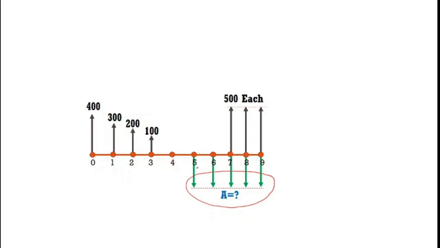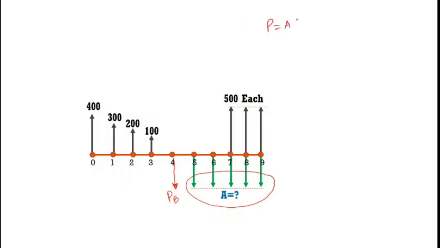Say the amount of each transaction is A, and I can find out the equivalence of all these transactions at this point of time. Let me call this PB.